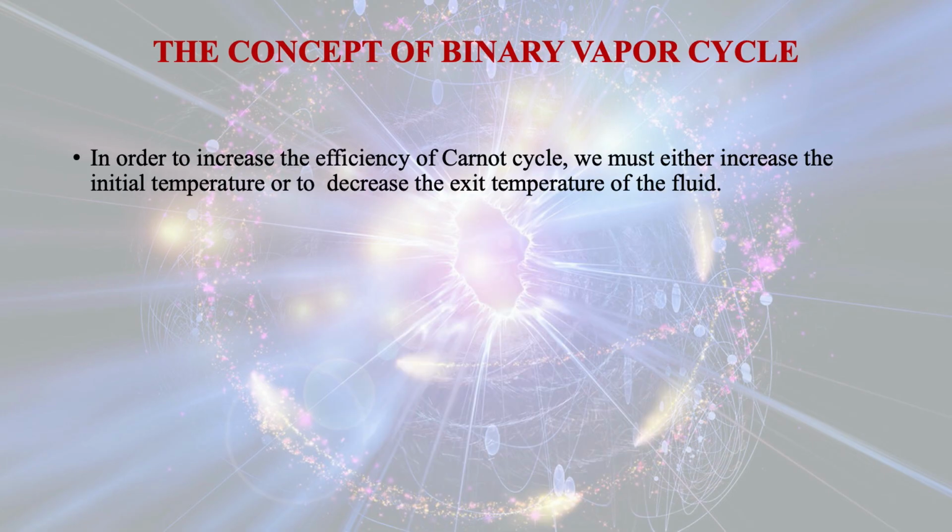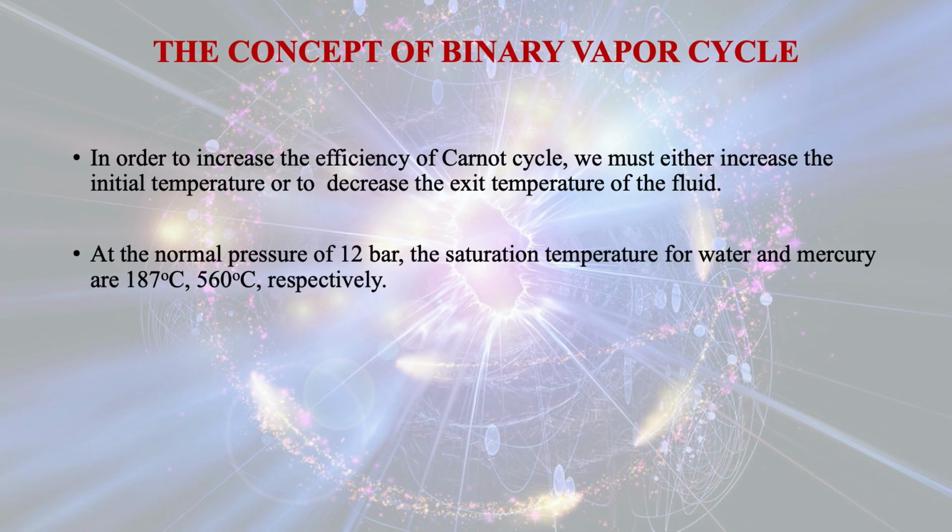In order to increase the efficiency of the Carnot cycle, we must either increase the initial temperature or decrease the exit temperature of the fluid. At the normal pressure of 12 bar, the saturation temperature of water and mercury are 187 degrees centigrade and 560 degrees centigrade respectively.